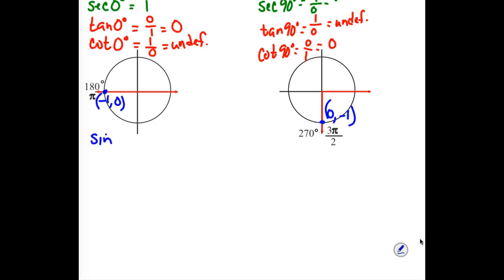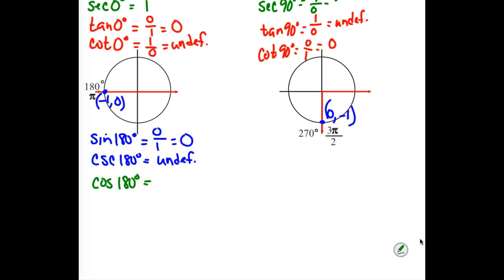All right, let's check your work. We need the sine of 180, the cosecant of 180. Sine, we said, was y divided by r. 0 divided by 1 is 0. Cosecant, when we do its reciprocal, will be undefined. Cosine of 180 degrees. We need x divided by r.